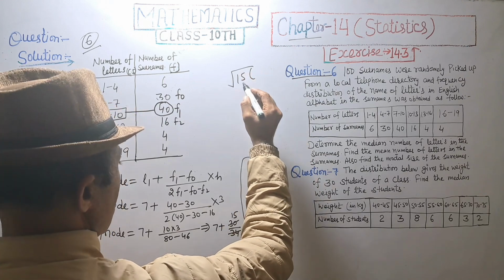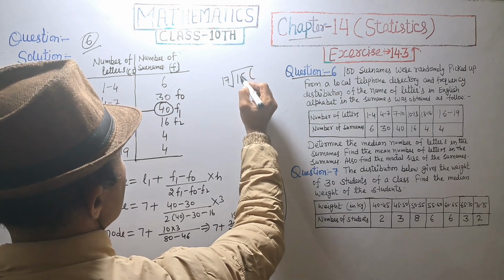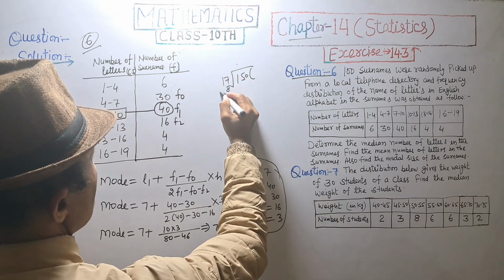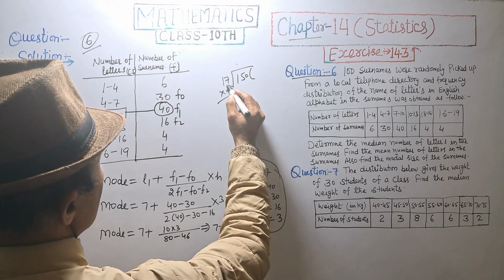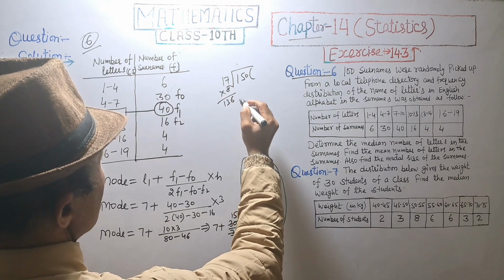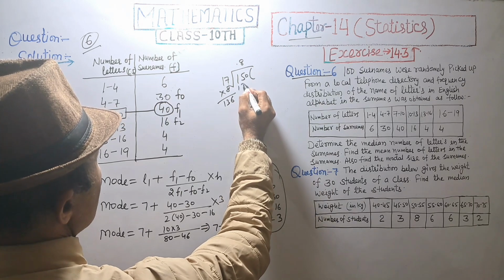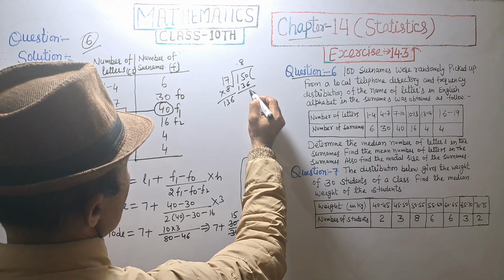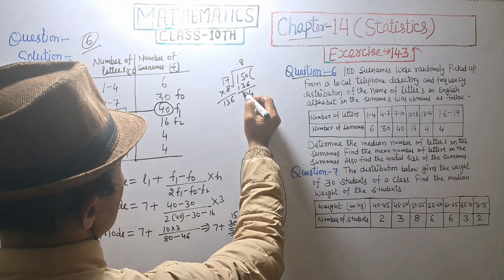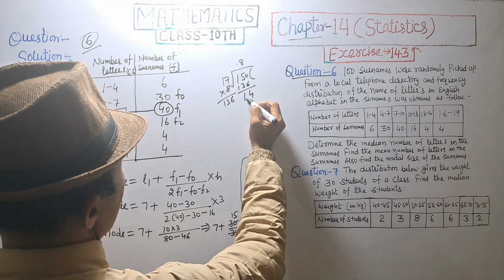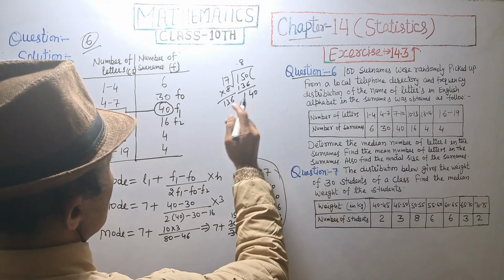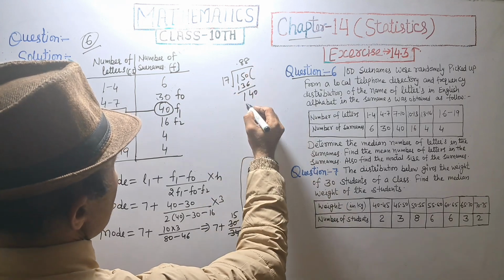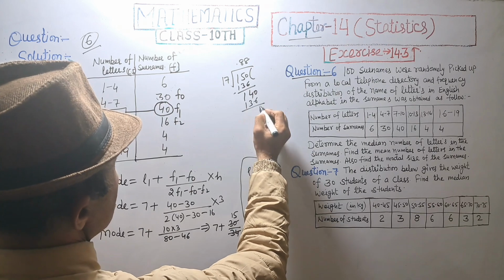15 divided by 17. 8 7s are 56, 8 17s are 136.